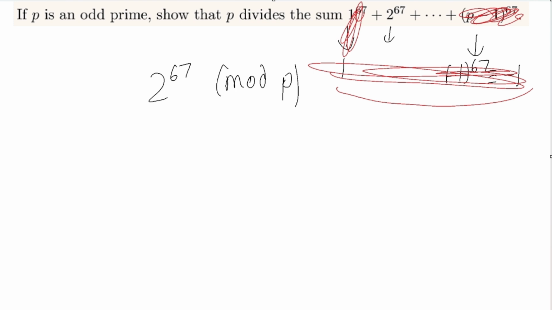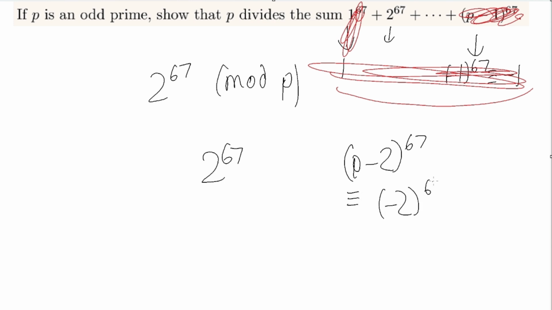Can we try continuing this idea? Well, let's see. So we have 2 to the power of 67, and then P minus 2 to the power of 67. This is equivalent to negative 2 to the 67, which is also equivalent to negative 2, where the negative sign is outside, to the 67. And then these two terms pair up, and we cancel out the last one here.